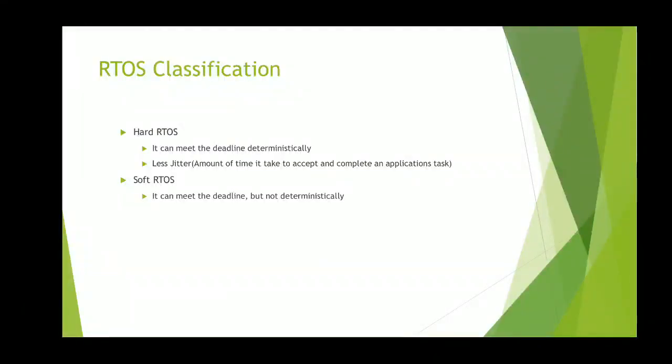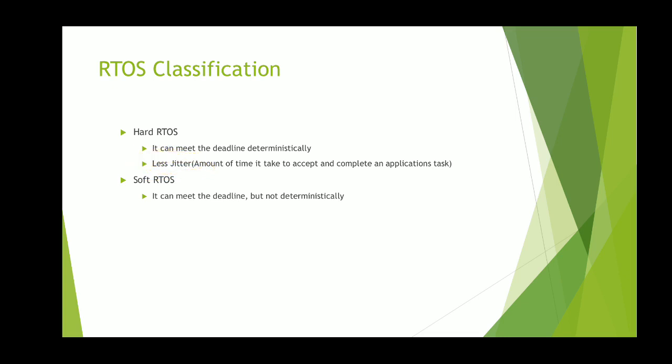So like a real-time system, the real-time operating system is classified into two types: hard real-time operating system and soft real-time operating system. In a hard real-time operating system, the operating system can meet the deadline deterministically. It means that it can respond within the time limit, and it also has less jitter.